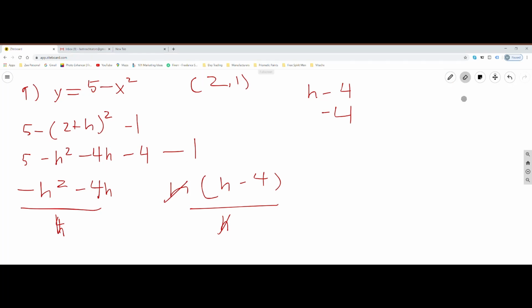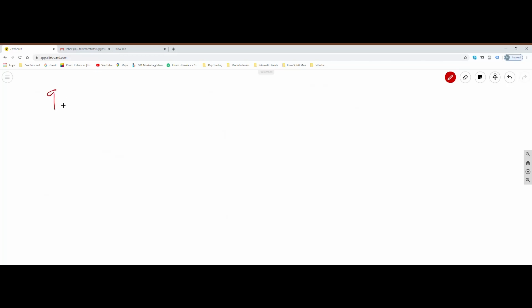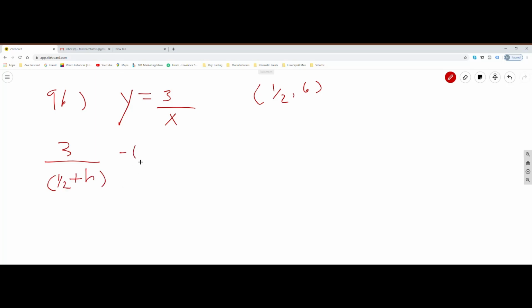So for 9p, we have y equals 3 over x. So we have points 1/2 and 6. So you have 3 over 1/2 plus h minus 6. We're going to multiply by the denominator to the top and bottom, so we can subtract them.